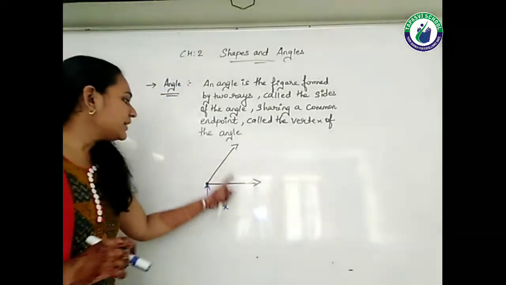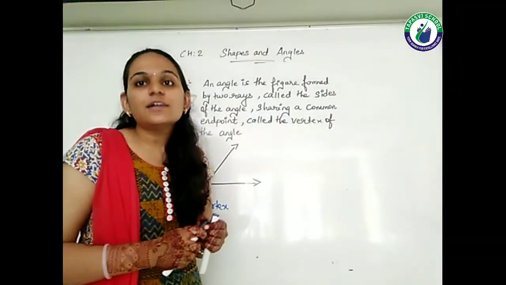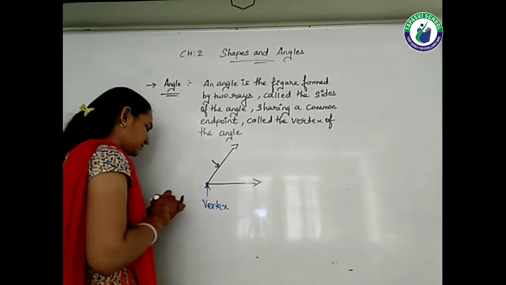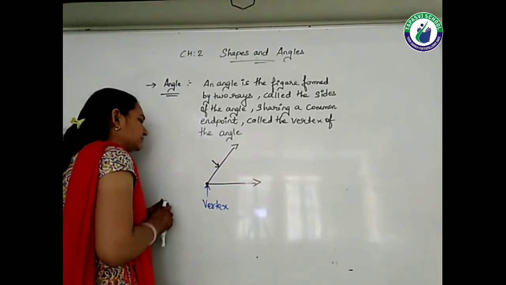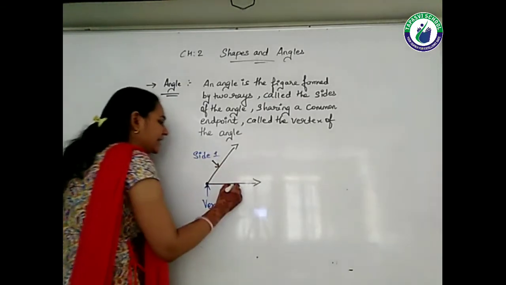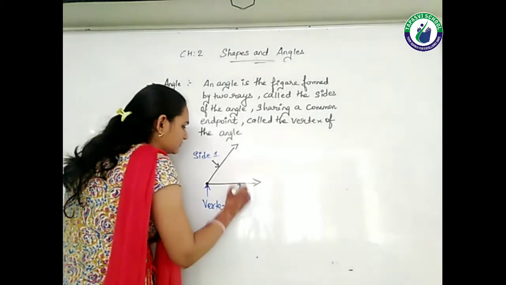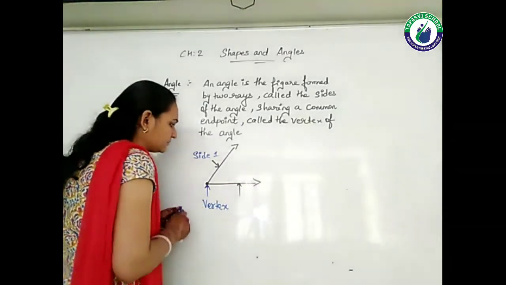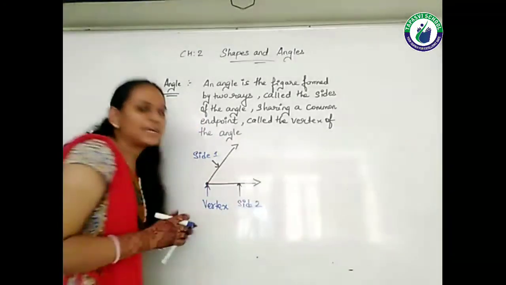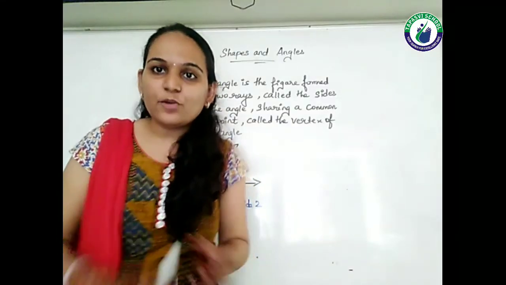And these rays that you can see are called the sides. This is side 1 and this is side 2. So there are two sides in total, and both sides are connected with one common end point, which is called the vertex.